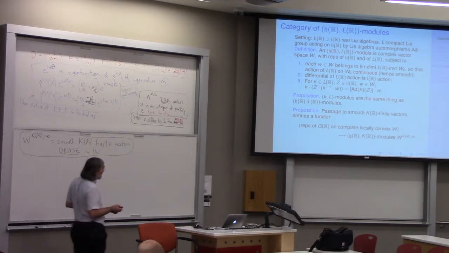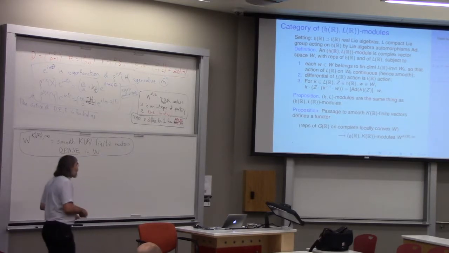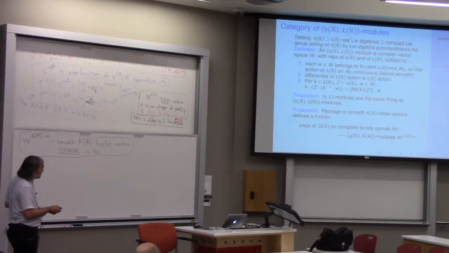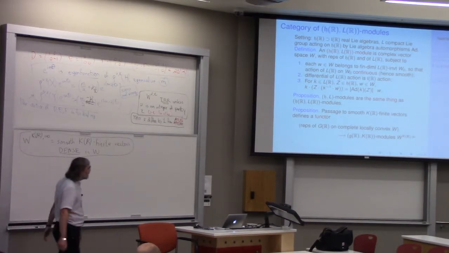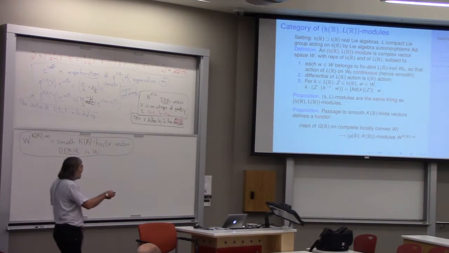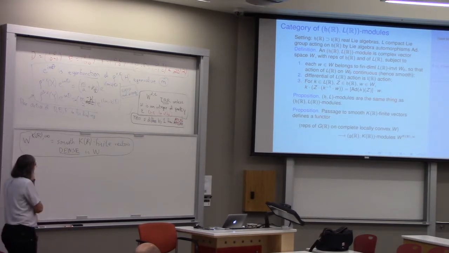And that's a functor. I mean, this category of topological representations, it's not an abelian category, but it's still a category, and this is a functor.